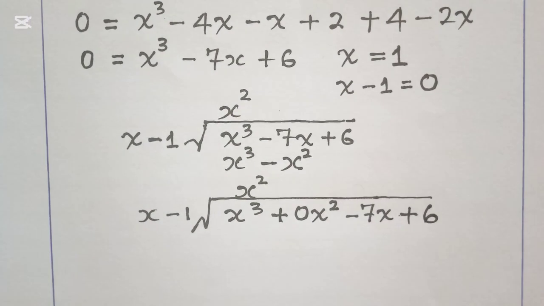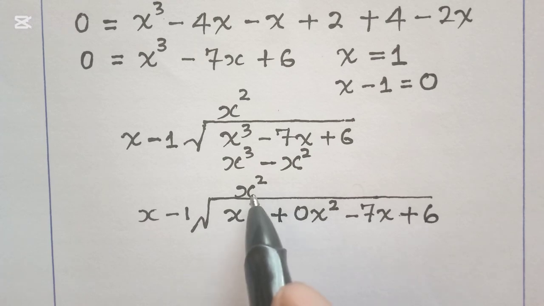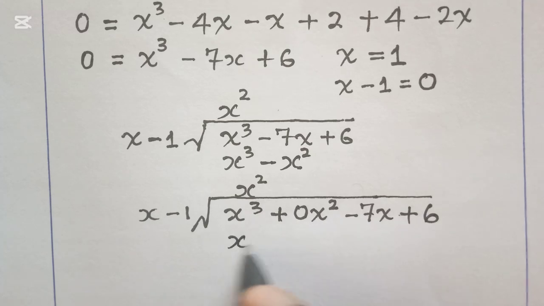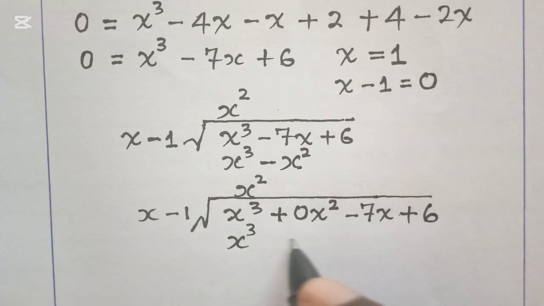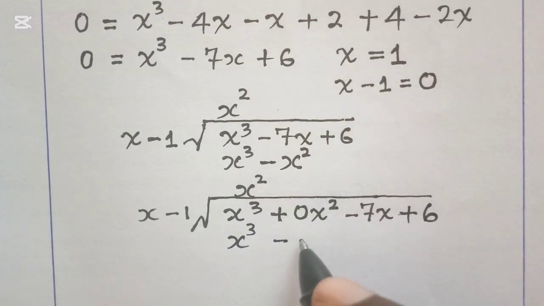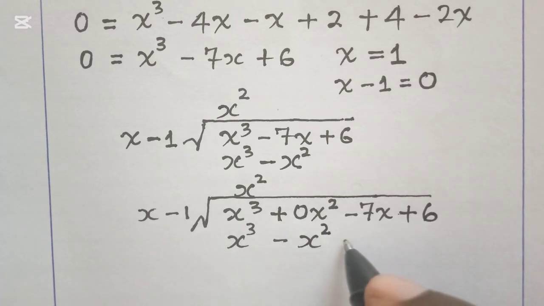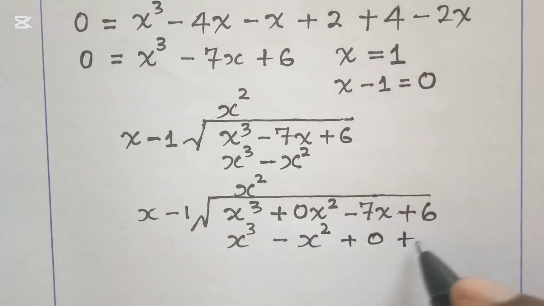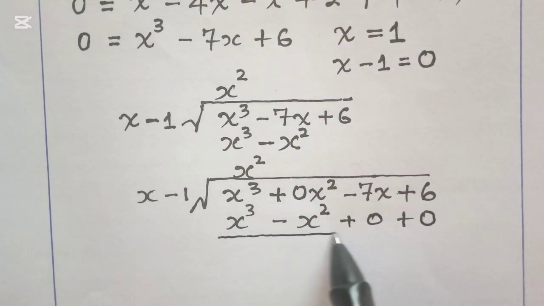Guys, I can now come and write what I'm going now to find after multiplying x squared and x minus 1. So this one is going now to be x cubed. Then you multiply that, you'll get minus x squared, and it is over. So the rest I can write plus 0, like that.